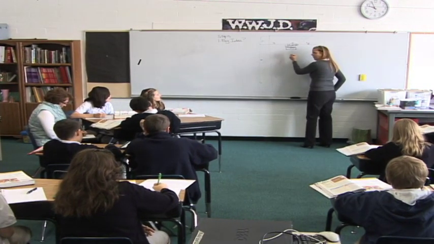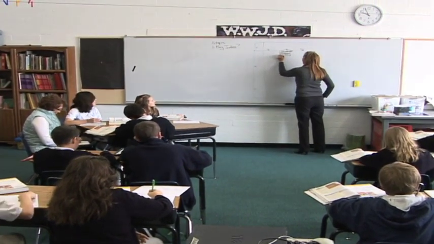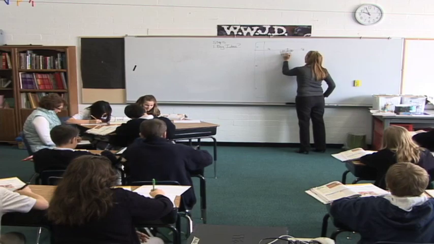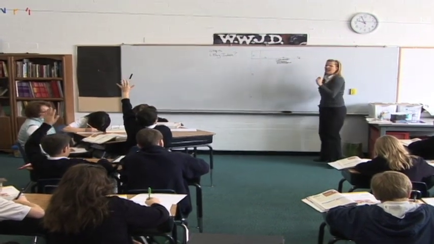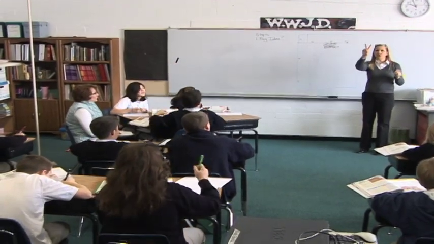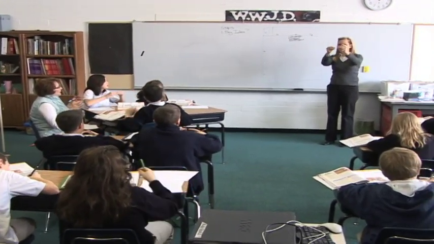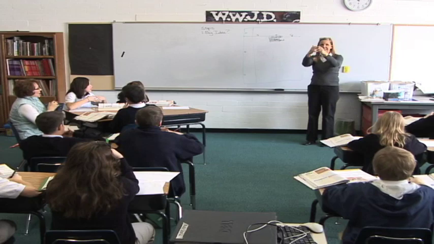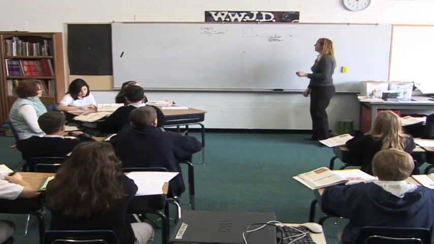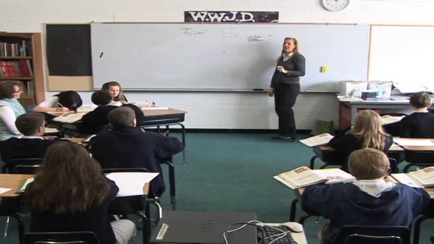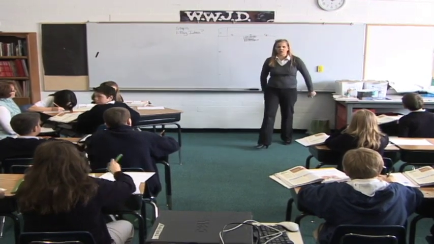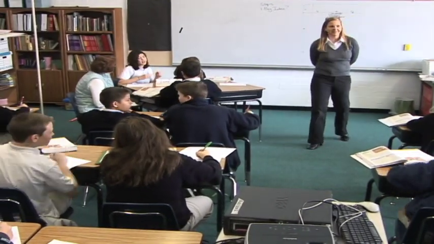Everyone go, wow. It can be an element or a compound. What is a compound? Everybody together, ready? Two or more elements that have a chemical reaction. So they're inorganic, an element or a compound. One more thing. Tell the person next to you. Don't tell me. Go. How else do I know?